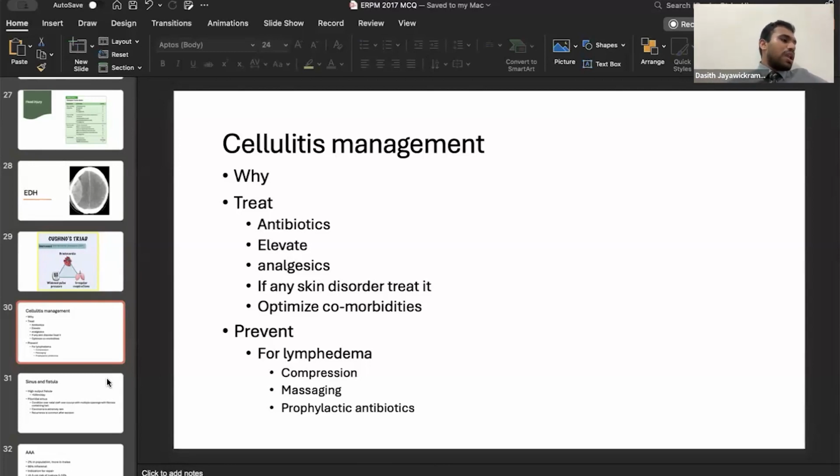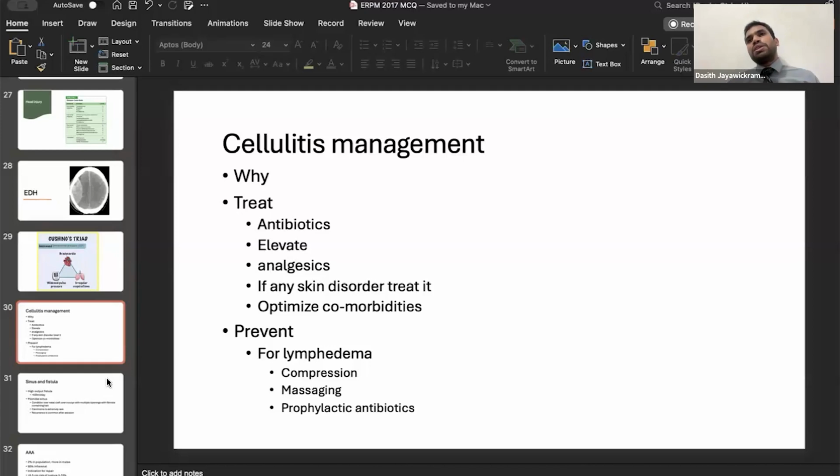So effective management in acute lower limb cellulitis: elevation. Yes, we should elevate the limb when there's edema, to reduce it. Compression. Okay, now this is a tricky part. In acute cellulitis, compression is not indicated, because there's no point in putting compression on a cellulitis, as there's active inflammation going on.